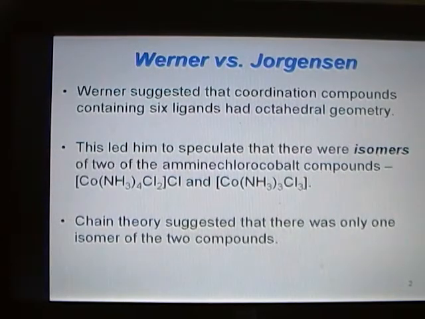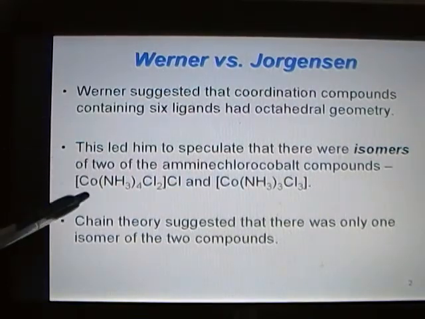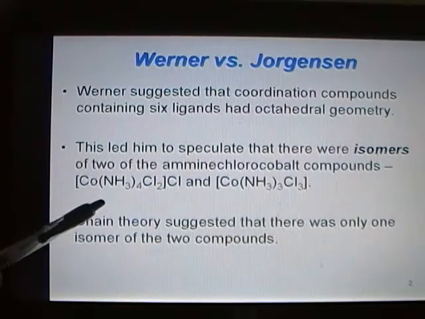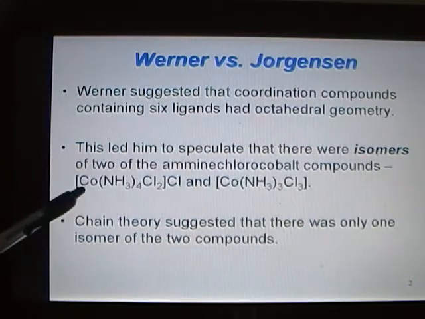Historically, we've looked at Werner's ideas versus Jorgensen's ideas. Remember that Werner suggested that coordination compounds with 6 ligands had octahedral geometry. This led him to believe that there were 2 isomers of this compound, the amine chlorocobalt compounds.